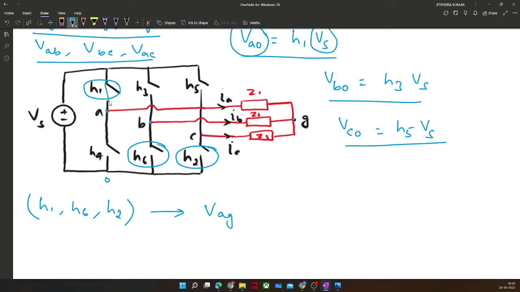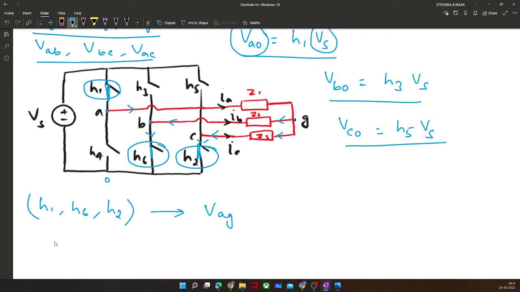If this switch is on, current will flow from VA to Z, and the lower switches H6 and H2 are closed, and this current IA would come out from this path and this path. So this is a switching instance where we need to identify the voltage and current, right?